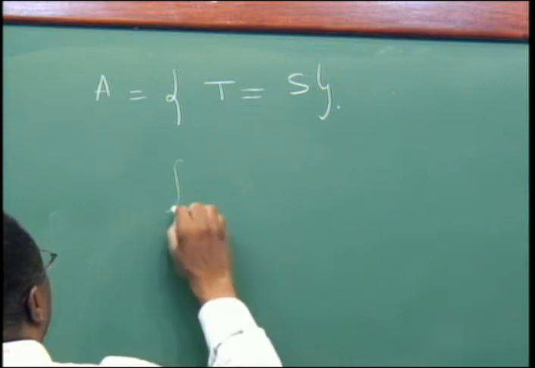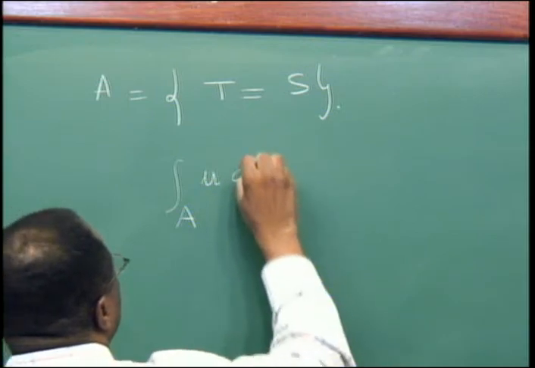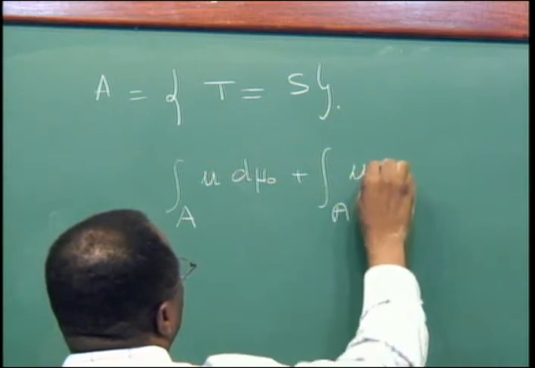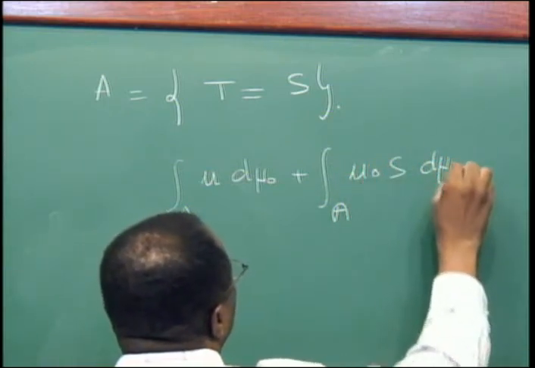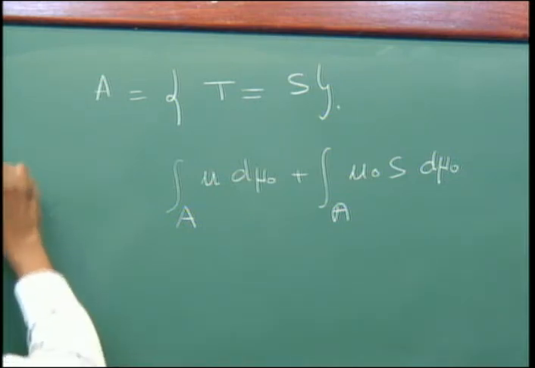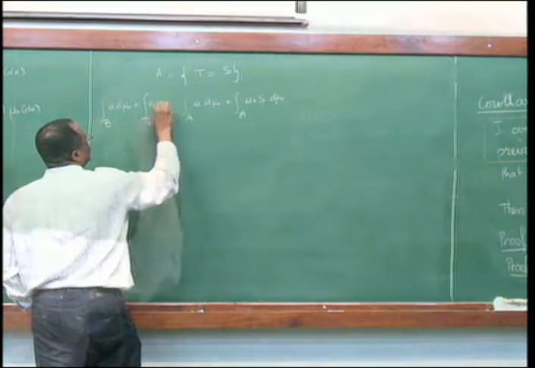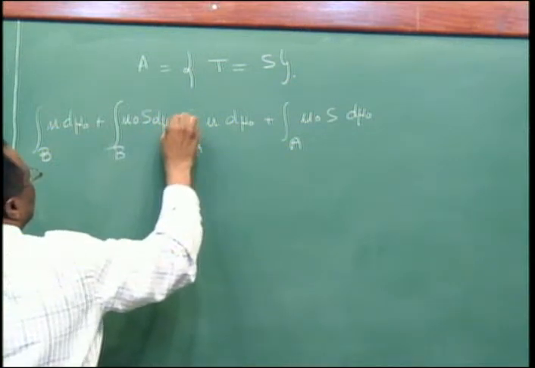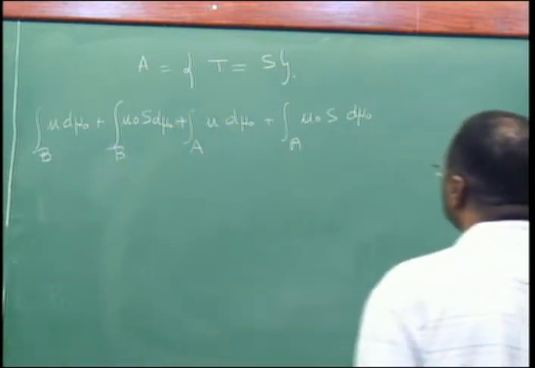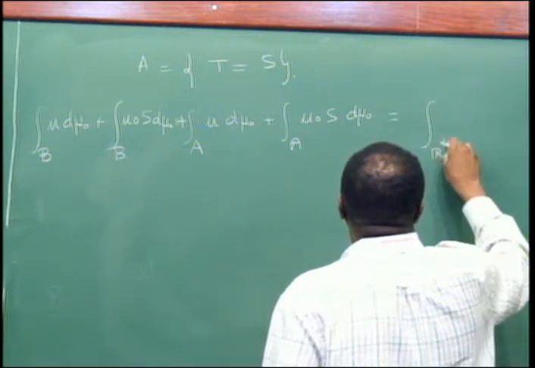Then we have the integral over A of U d mu naught plus the integral over A of V composition S d mu naught plus the integral over B of U d mu naught plus the integral over B of V composition S d mu naught.